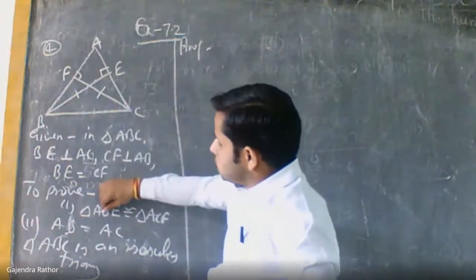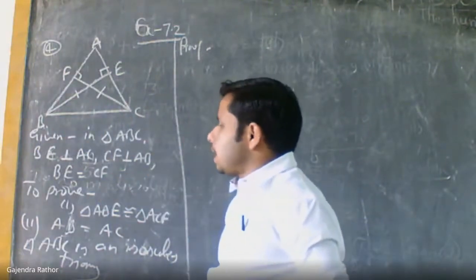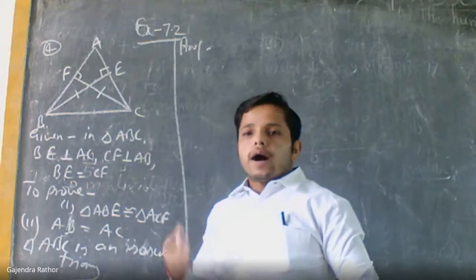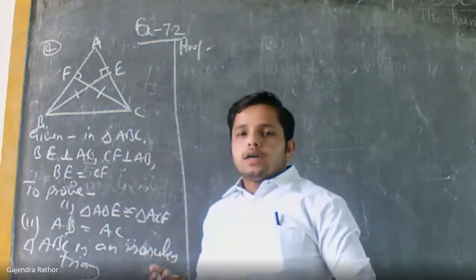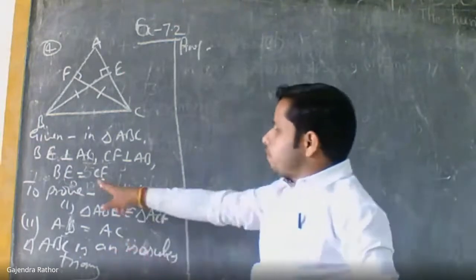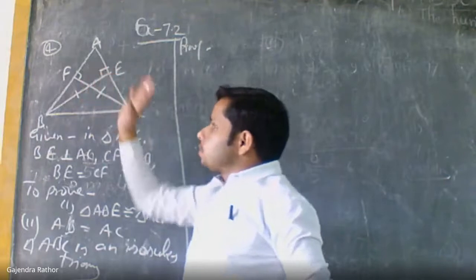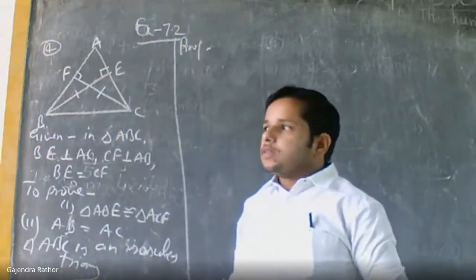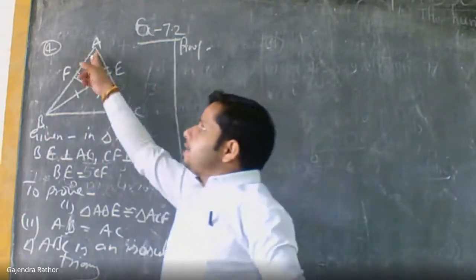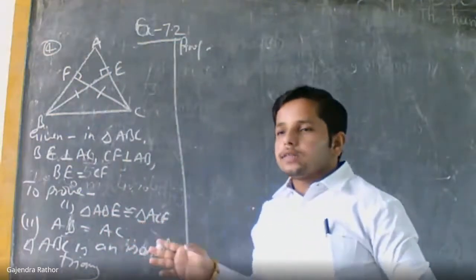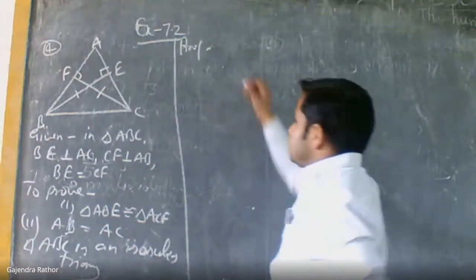To prove these triangles, we need three parts. Identify three parts equal to the corresponding parts of the other triangle. First part already given, BE is equal to CF. Second part, the angles are right angles. The third part, angle A is common in both of the triangles. So we have three parts.